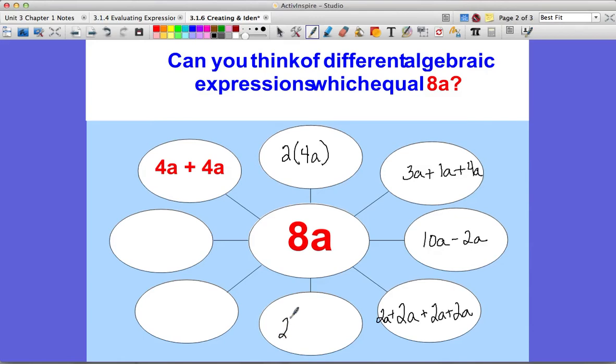Could also turn it into 2 cubed times a, or a plus a plus a plus a plus a plus a plus a plus a.